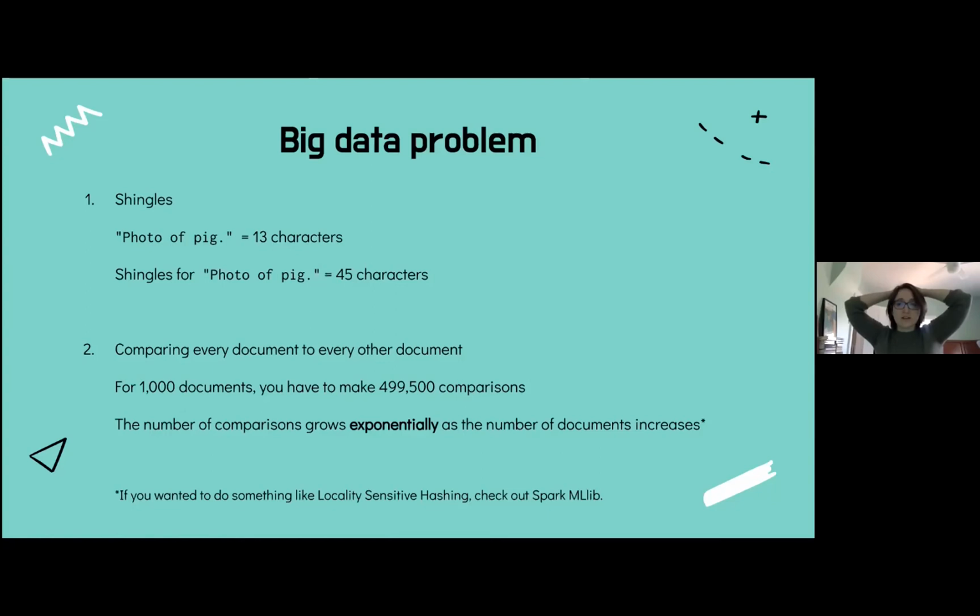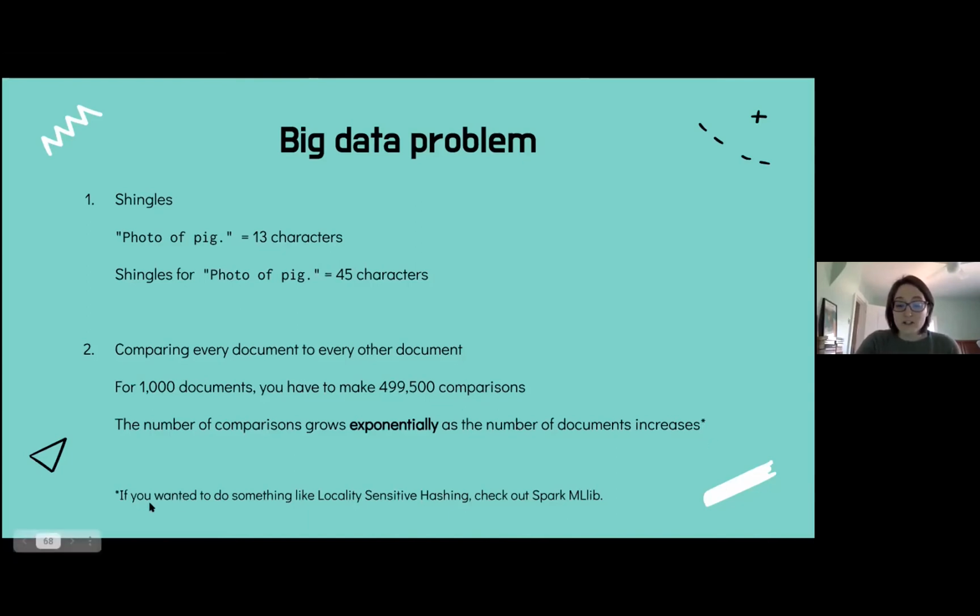And so you can imagine that this is a problem that grows exponentially. Once you get into having not 1,000 documents, but 1 million or 1 billion documents, then the computation time just blows up so huge that it becomes unwieldy to do. And those of you who are good data scientists in the room are probably thinking, well, you don't actually have to compare every single document to every single other document because there are ways to estimate that.